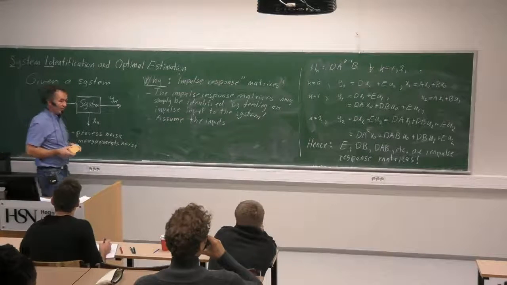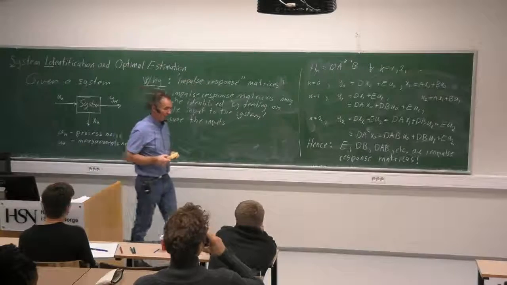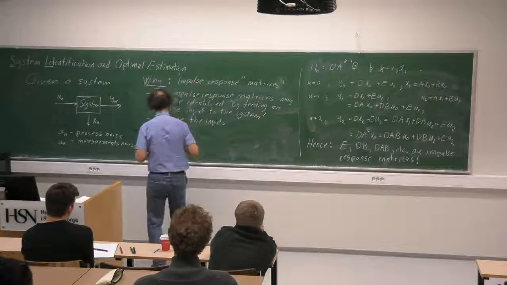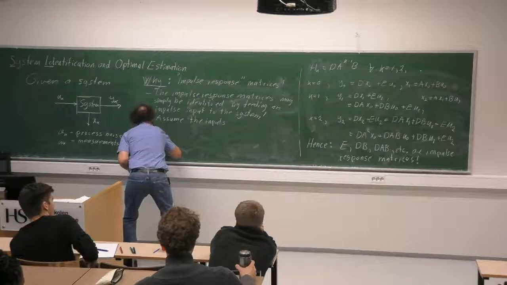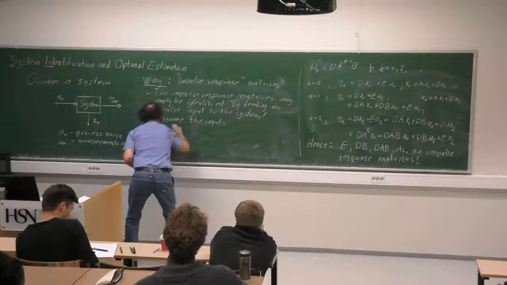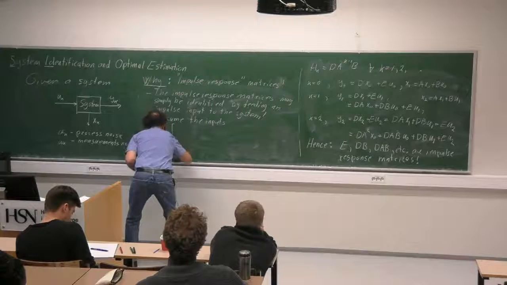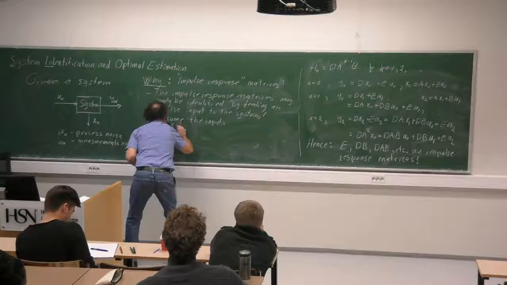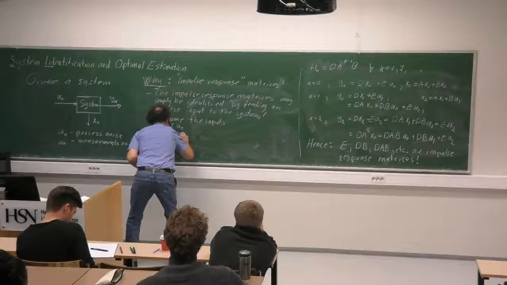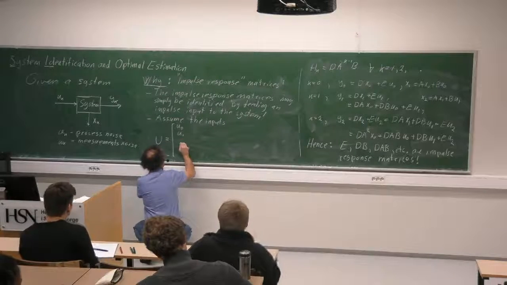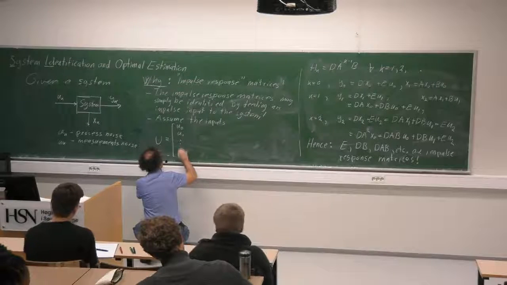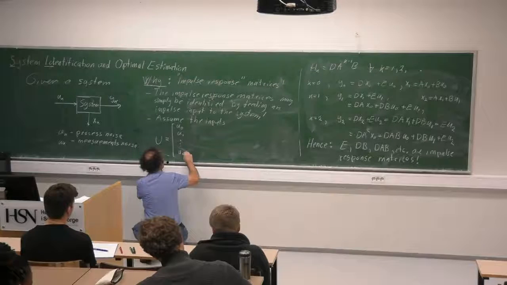So let me speak a little bit about this. Suppose that we have stored the observations of the inputs in a vector like this: u at discrete time 0 and u at time 1, and down to the last observation u at n minus 1.